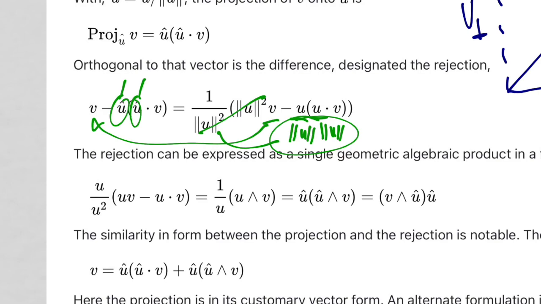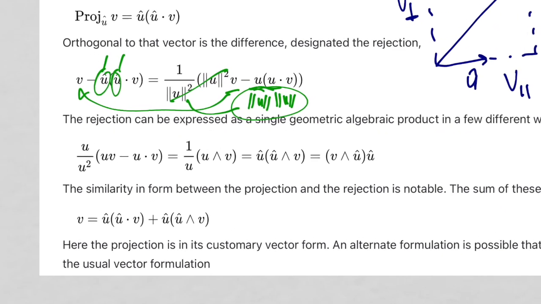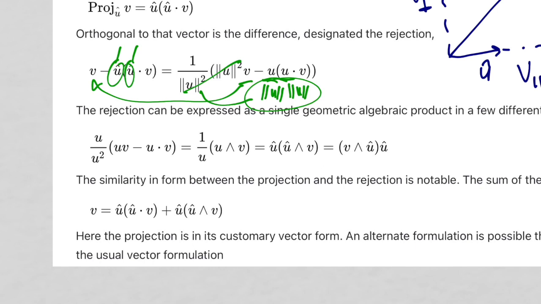So this is a literal translation, with the only distinction being that they're just saying projection and rejection onto a vector u, right? And you have to normalize it.